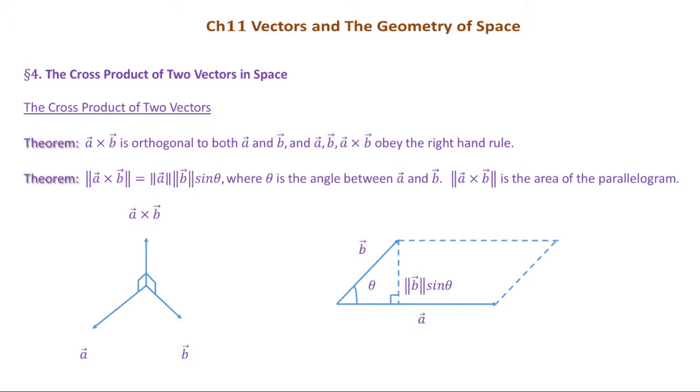So you get base times height, which is the area of the parallelogram. Okay, so the cross product can be used to find the area of a parallelogram.